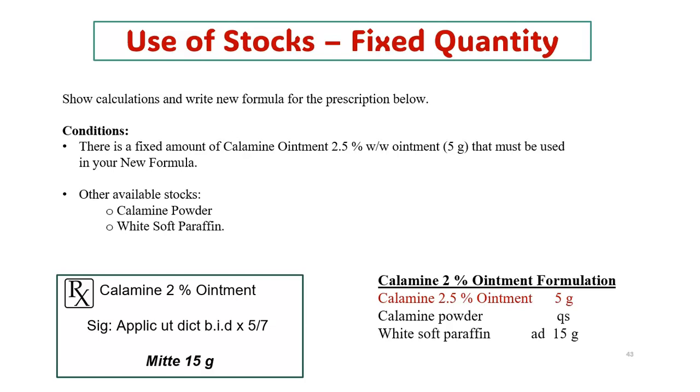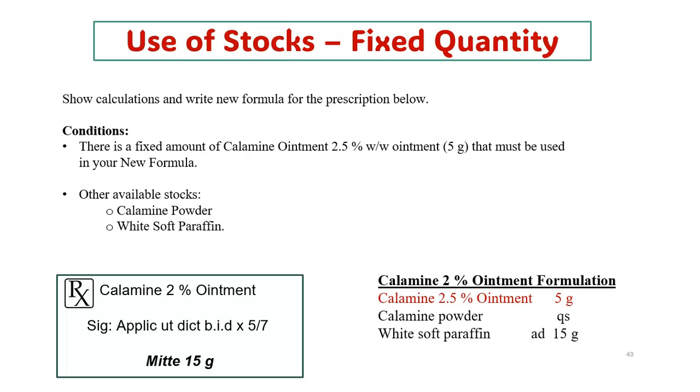So here's a prescription for calamine 2% ointment. But here we're fixing a portion of the stock. It's a condition for the question, and it's designed like this to see if you understand what it means for a portion of an ingredient and its constituents, what it's made up of. This will come again in fortification of semi-solids.